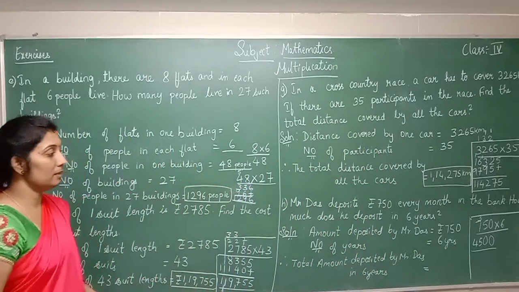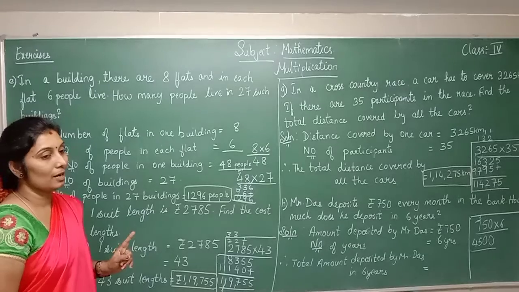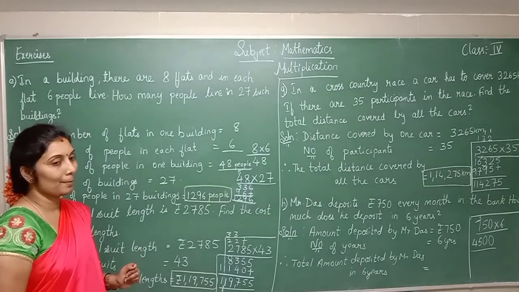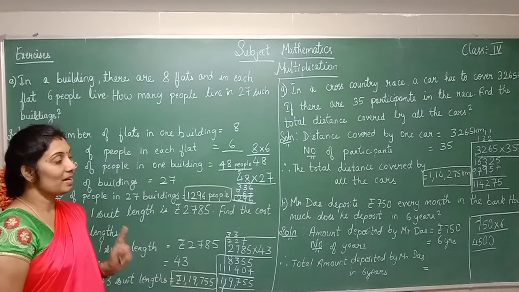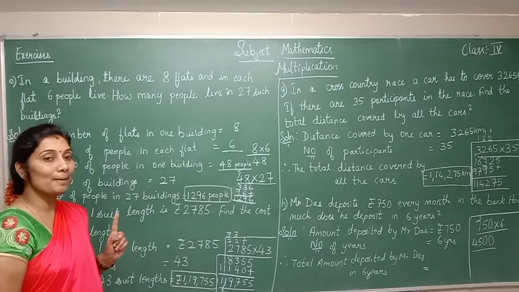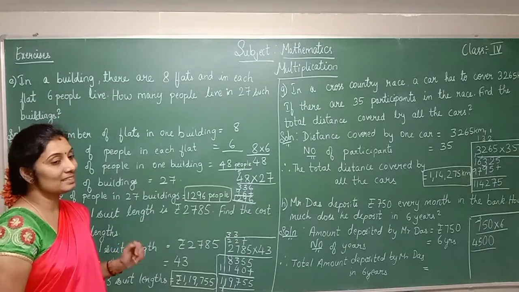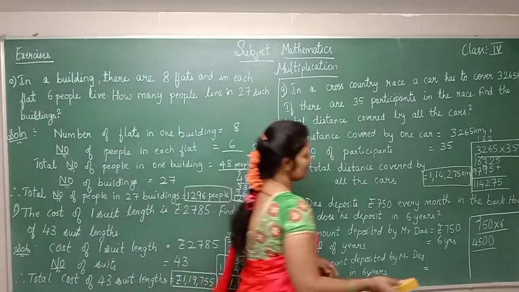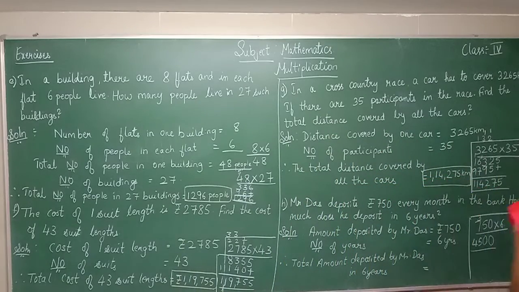But here listen. For 1 year, how many months are there? For 1 year, there are 12 months. For 6 years, how much will it become? So, 12 into 6. Okay? There is a correction here.